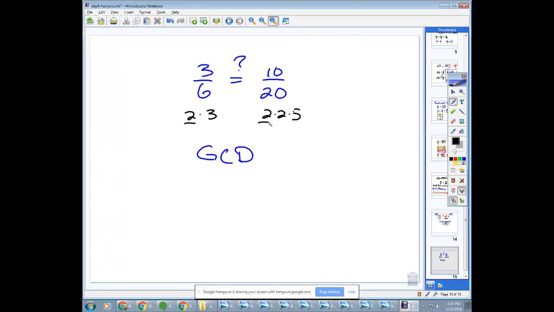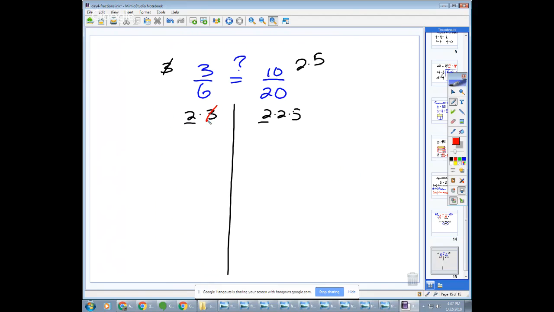So they only have a 2 in common, so that's got to be, oh, sorry, I'm doing this wrong. We also need the prime factorization of each numerator. So 10 is going to be 2 times 5. And 3 is just 3 times 1, or 3. And we have to consider each one individually. So here, the 3's divide out.